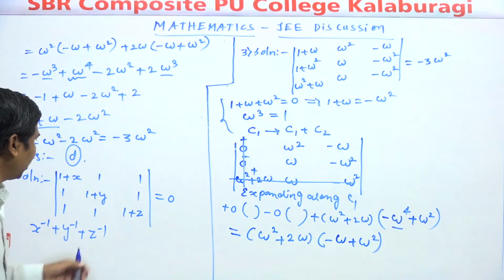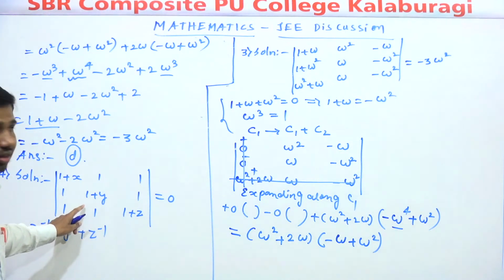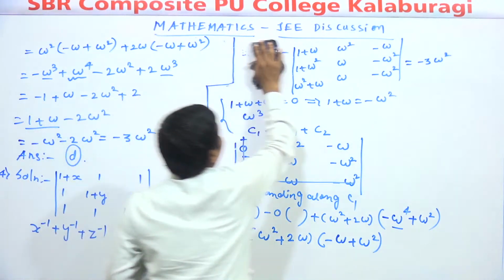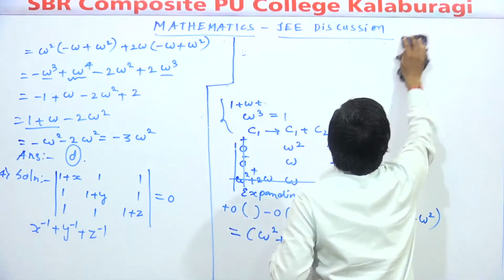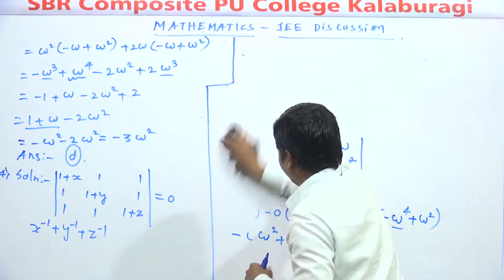This type of example you have solved in theory. So this result is equal to, what is that result? x, y, z.